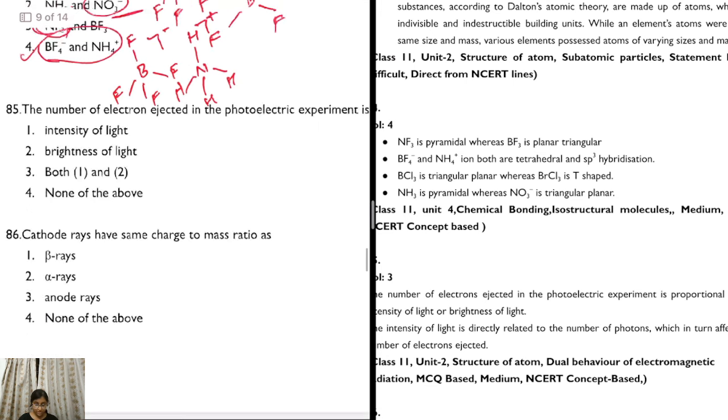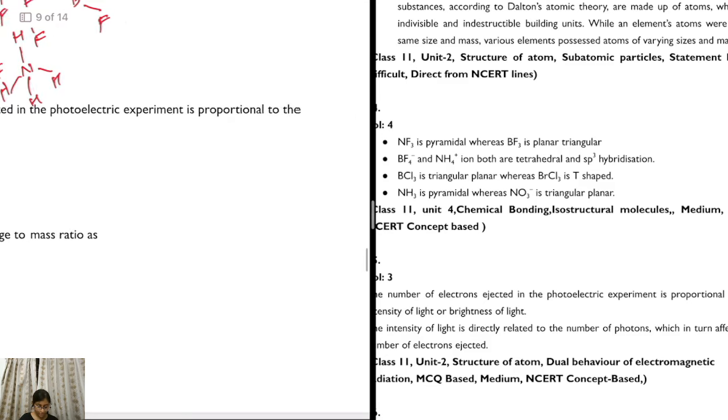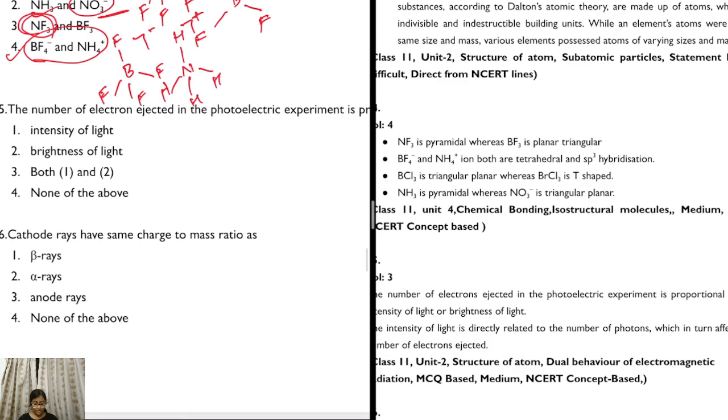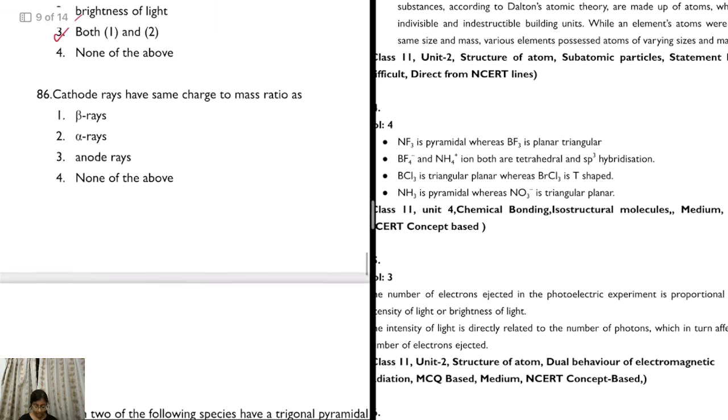The number of electrons ejected in the photoelectric experiment is proportional to what? How many electrons will be ejected will depend upon how many photons they receive. That is, how much is the intensity or the brightness of the light. So this would be the correct answer. Why?